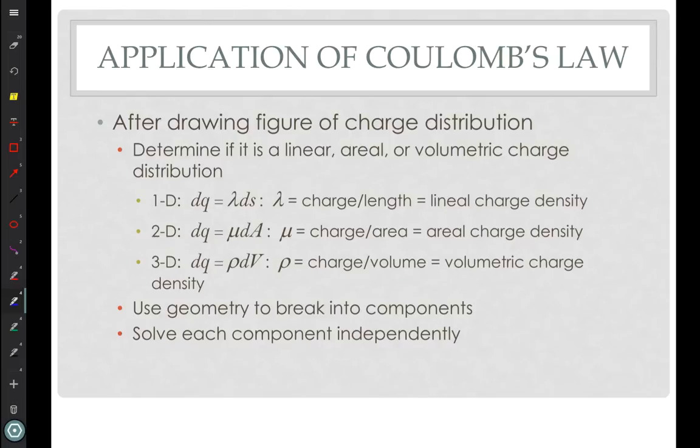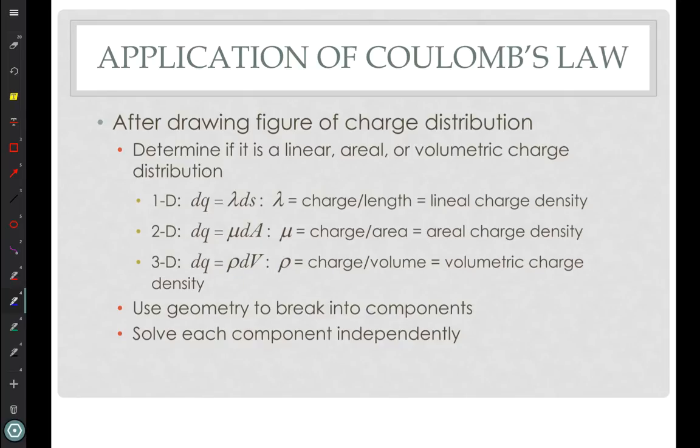Rho dV. It's the 3D version, the volume version. And so you have rho dV, and then rho would be Q over V. And of course, you have the one in the middle. If it's spread out over the surface of an object, then you have the mu dA, where mu is the charge over the surface area. So you want to make sure that you identify which type of charge distribution you have.